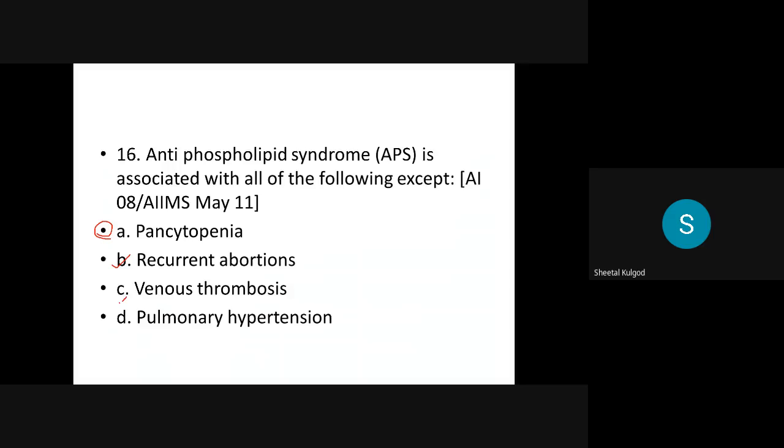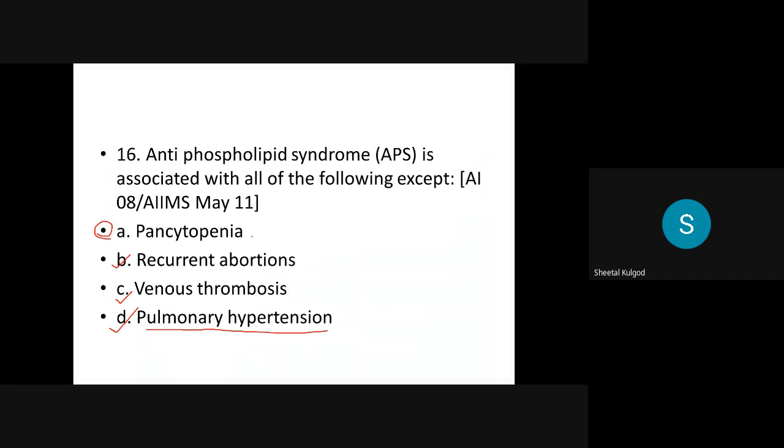Venous thrombosis is actually the pathological problem in this syndrome, and pulmonary hypertension does exist in severe antiphospholipid antibody syndrome, where the pulmonary vessels getting affected will result in pulmonary hypertension. So all these three are features of antiphospholipid antibody syndrome, whereas pancytopenia is not. So the answer here will be A.